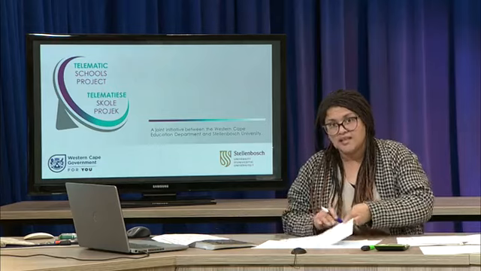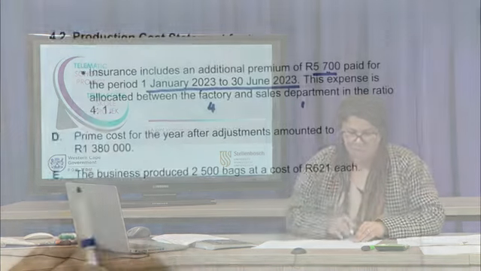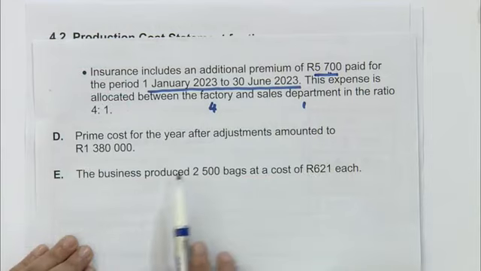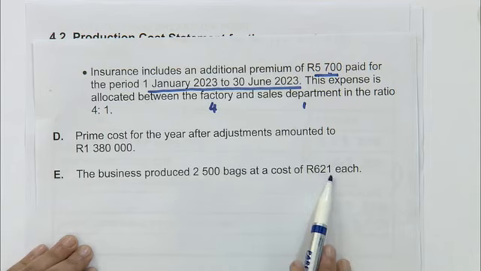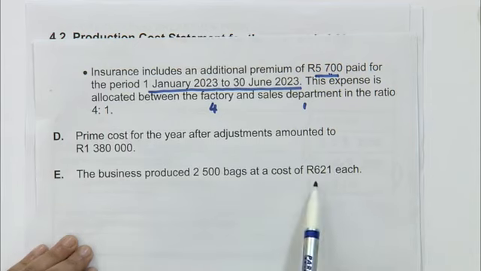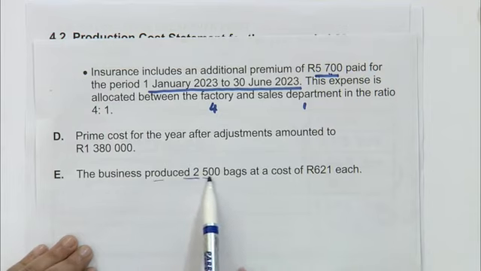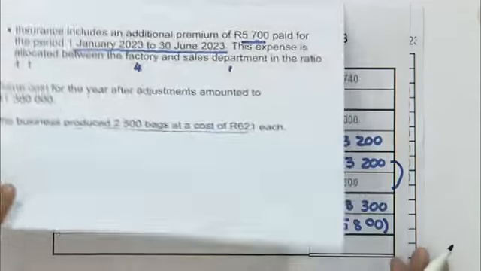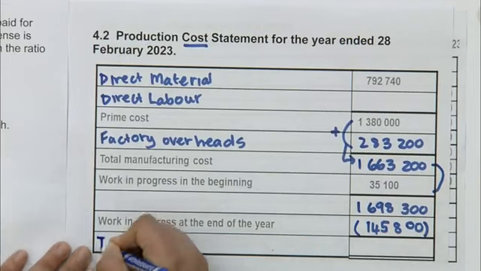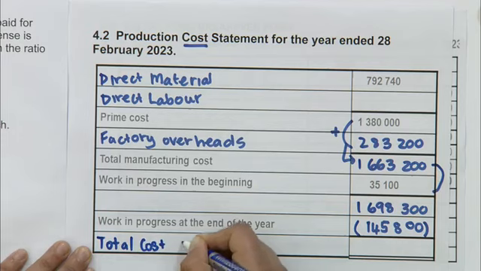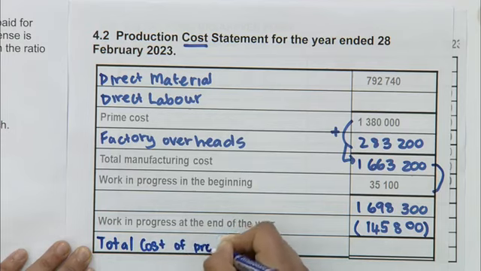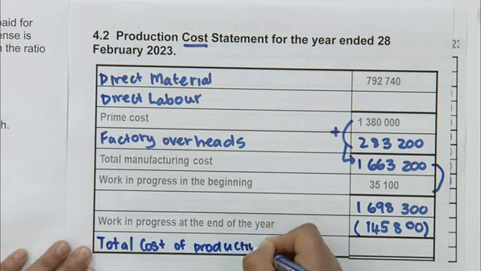However, they do tell us, if you look at information E, it says the business produced 2,500 bags at the cost of 621 each. So that is going to be the total cost of production of finished goods. So we're going to add it now. Total cost of production.